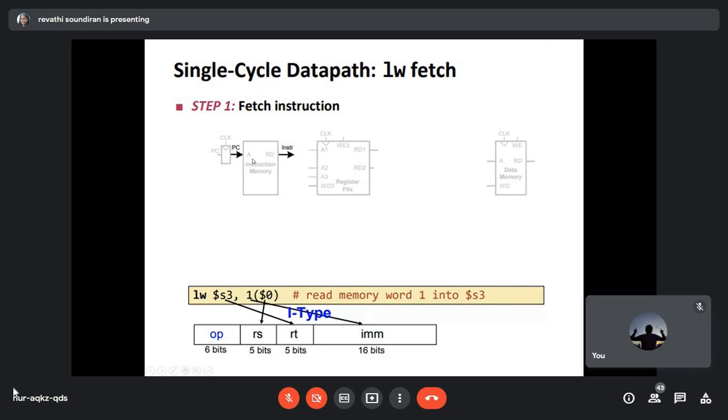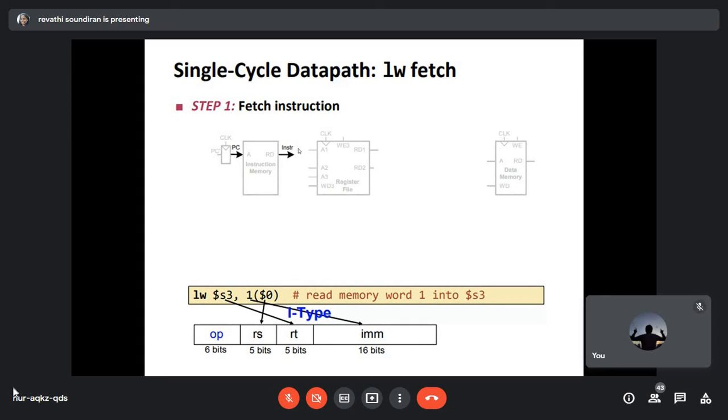The data here is the instruction, which is 32 bits, and the machine understands it as 32-bit data. So that is the read data, which is typically an instruction. From the instruction memory, you're fetching the data. That is the first step of your single cycle data path.